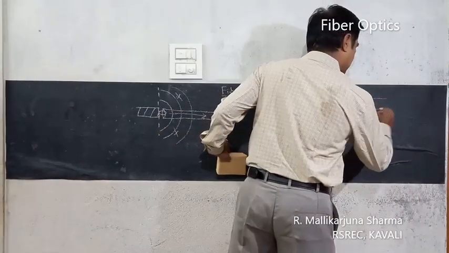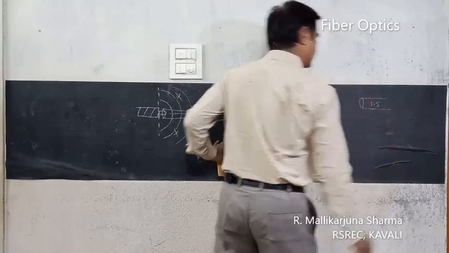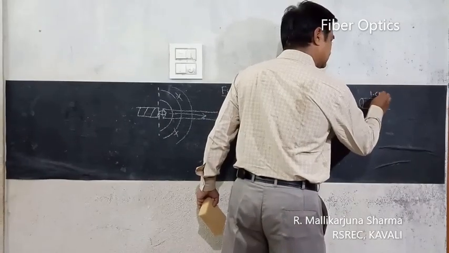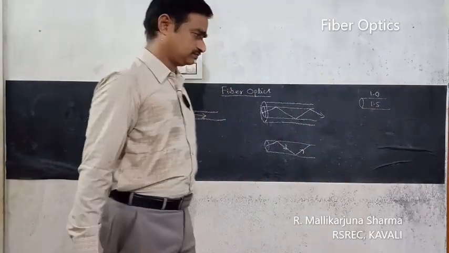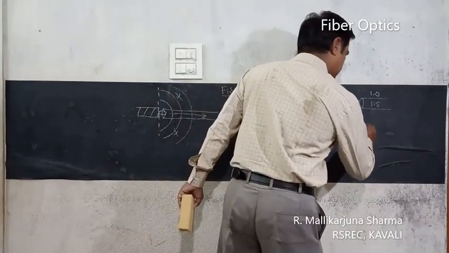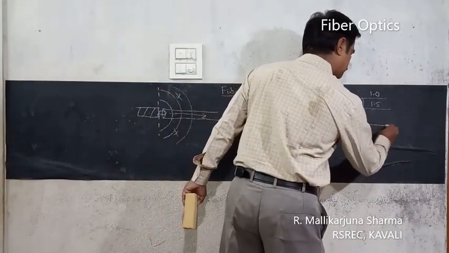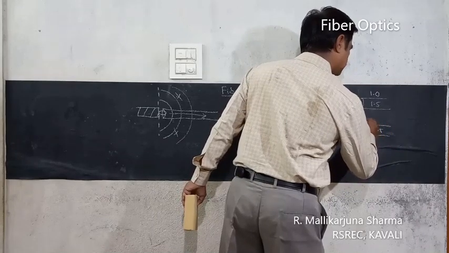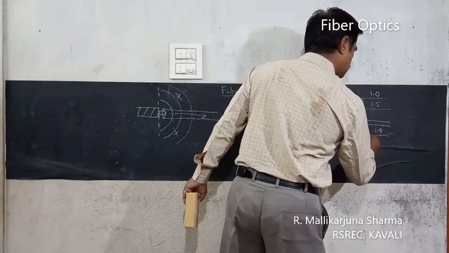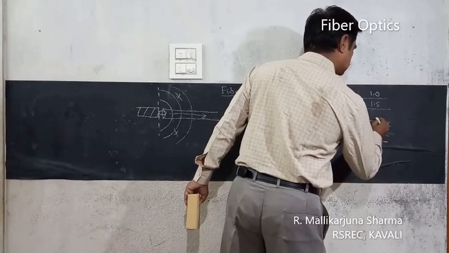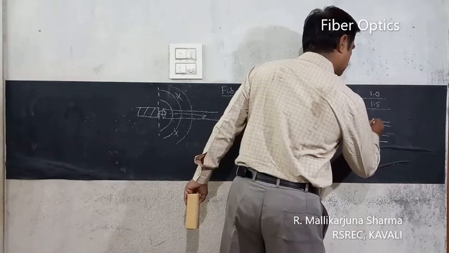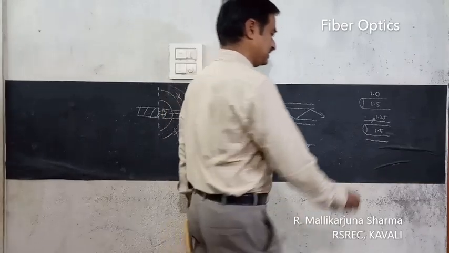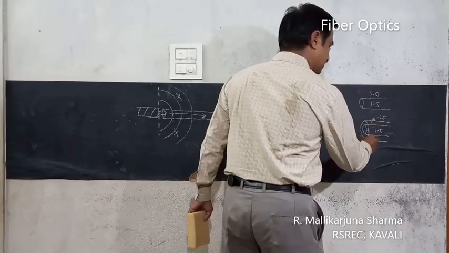Now if you take this glass like this, and leave the surroundings as air, the refractive index is 1.0. In the second case, if you take this material and around it you take another material, the refractive index of this one is 1.25.